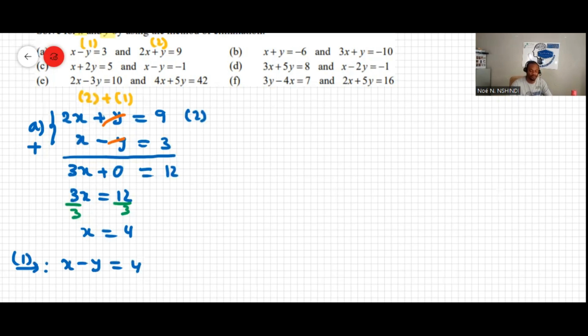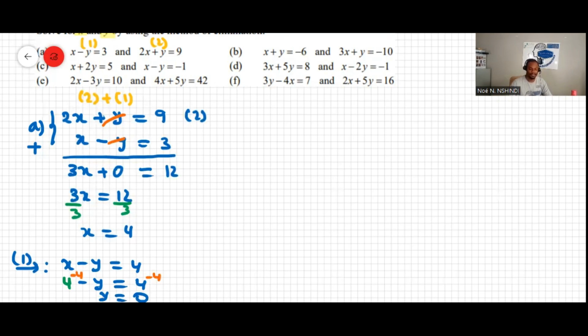We can sub the value of x. X is 4, so 4 minus y equal to 3. To get the value of y, I'll minus 4 both sides, and then I have negative y equals 0, or just y equal to 0.